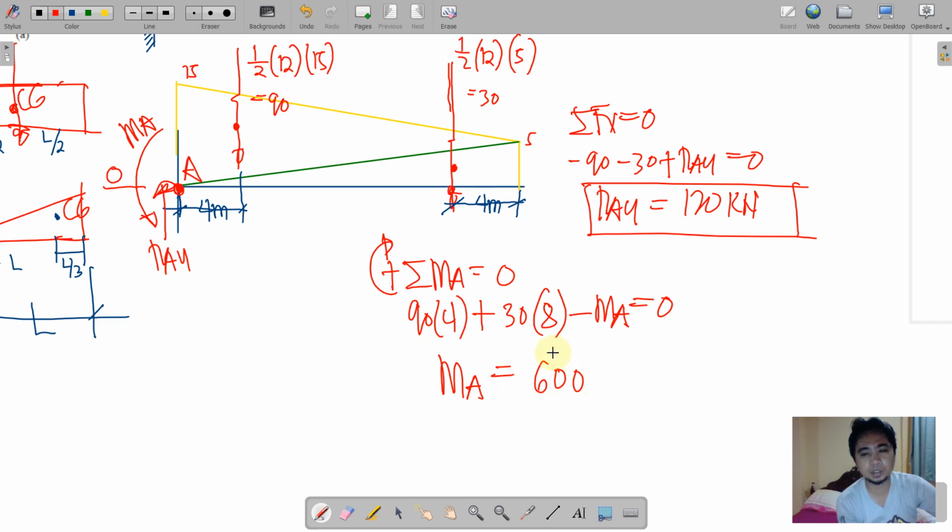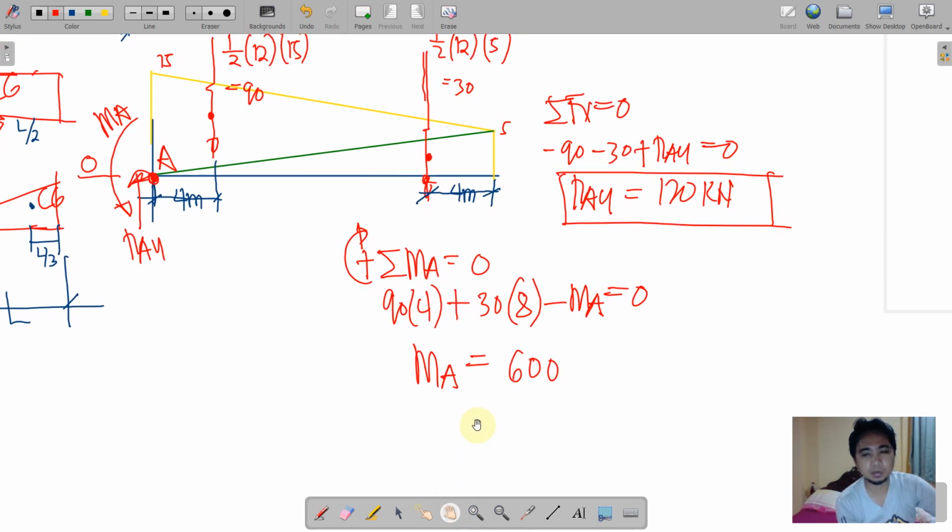But, there is no such thing as negative magnitude, but the implication is that your assumption for the direction is just assumed incorrectly. Okay, so wala namang problema doon. So kapag MA is negative 600, then i-correct mo lang yon, magiging positive, and then just correct the direction. Okay, so this is 600 kilonewton meter.